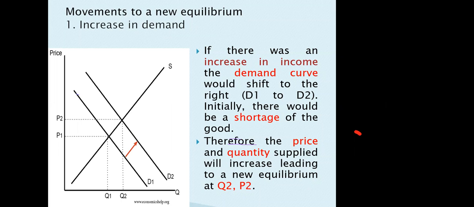सो एट D1 डिमांड रेट, माय इक्विलिब्रियम पॉइंट इज P1 Q1. अगर मार्केट का डिमांड बढ़ेगा, so that demand I have shown with the help of D2.